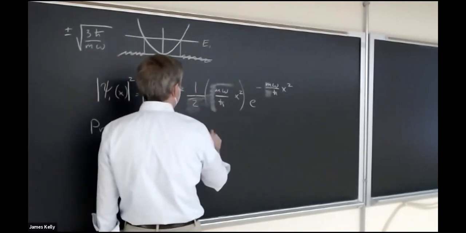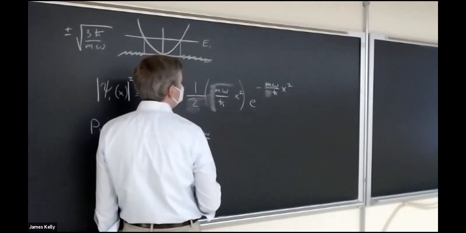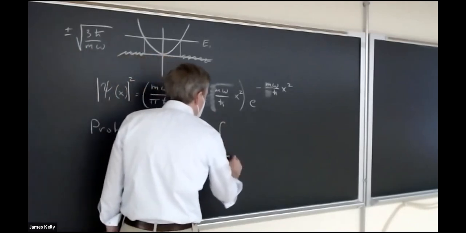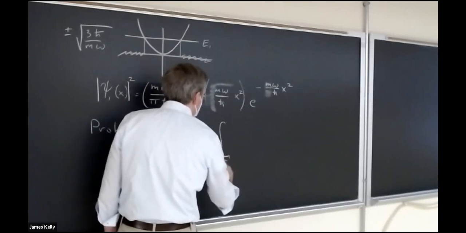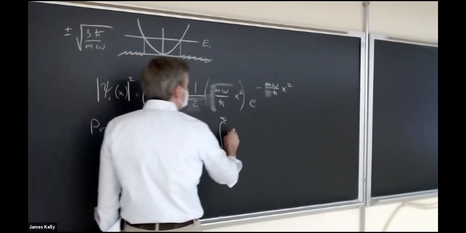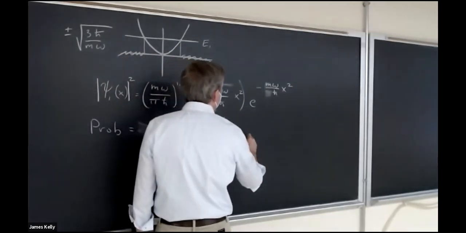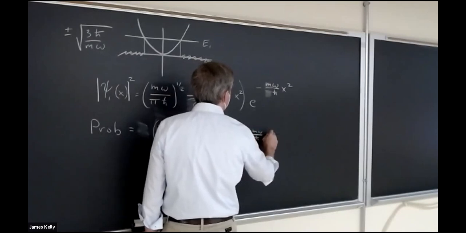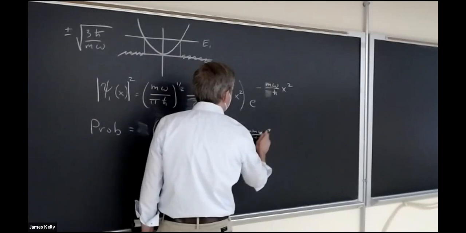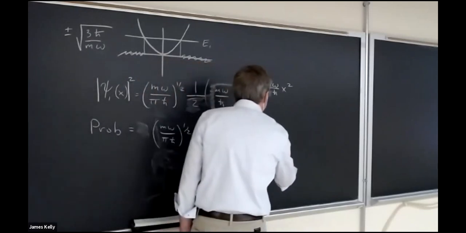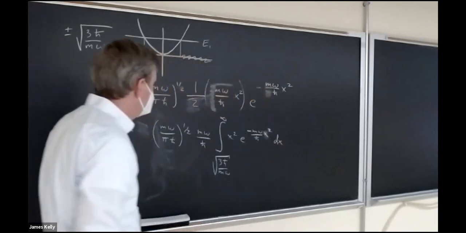Times another m omega over h bar, and then the x dependence, which goes under the integral, from the square root of 3 h bar over m omega to infinity, x squared e to the minus m omega over h bar x squared. Oops, x squared dx. So that's what I've got to compute.